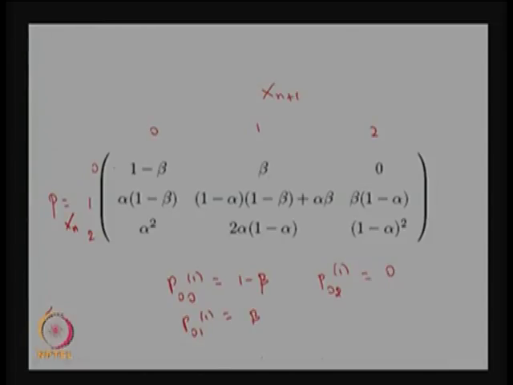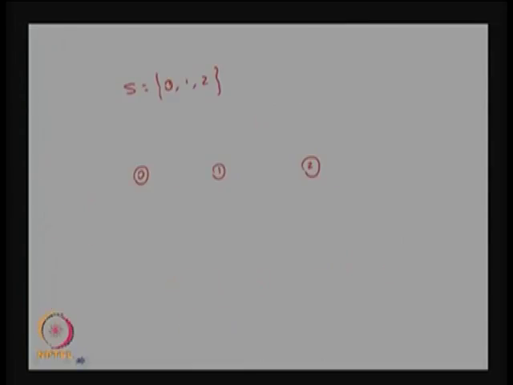You should not draw any arc from 0 to 2 because that probability is 0. Therefore, 0 to 0 is 1 minus beta, 0 to 1 is beta, and there is no arc from 0 to 2 because that probability is 0.